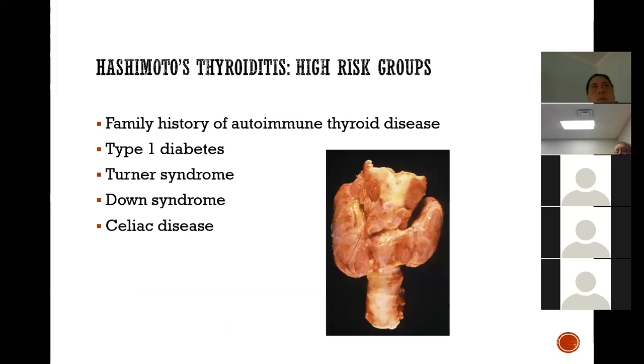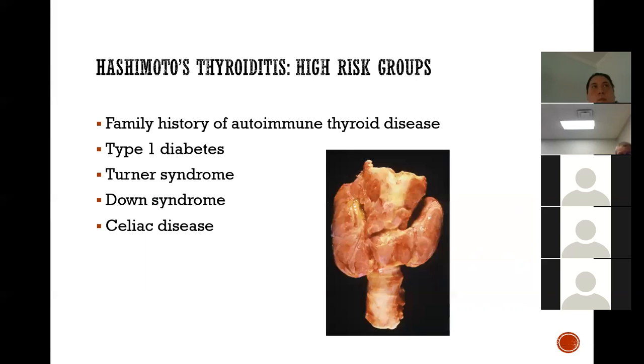So if you have people in your practice who have any of those, you should be watchful for autoimmune thyroid disease. Certainly, a family history of Hashimoto's should be a tip-off as well. Hashimoto's, type 1, and celiac are kind of the triangle of autoimmunity. And of course, for our type 1s, we're always screening them for Hashimoto's and celiac on an annual basis.